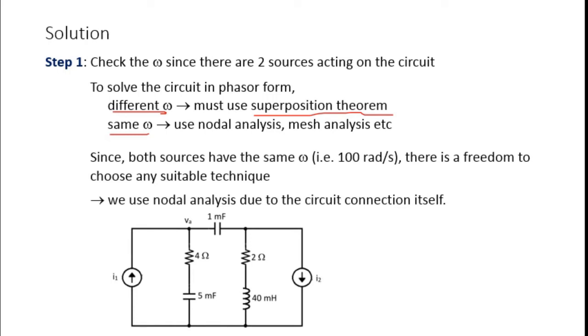Since in this case both of our sources have the same omega value, which is equivalent to 100 radian per second, we can choose any suitable method to get our results. But because of the circuit that we have over here, the most suitable one is the nodal analysis.